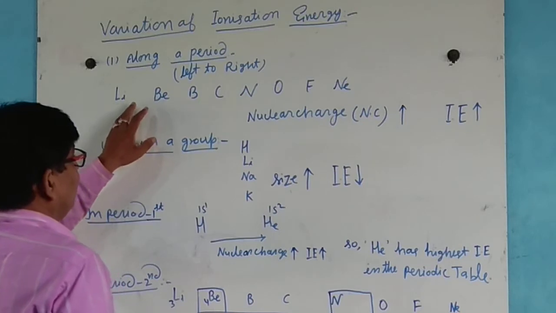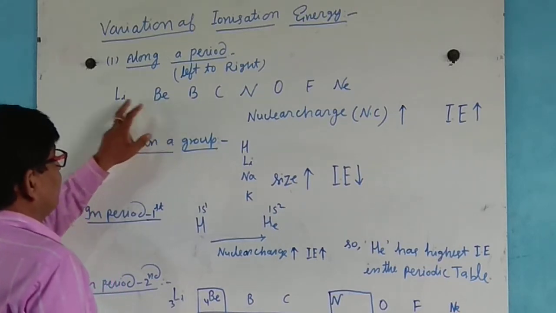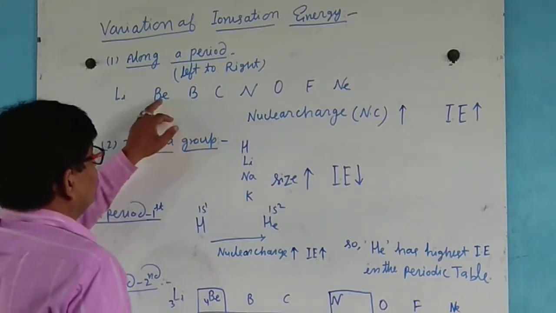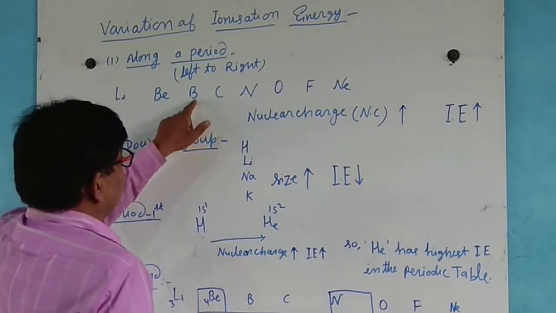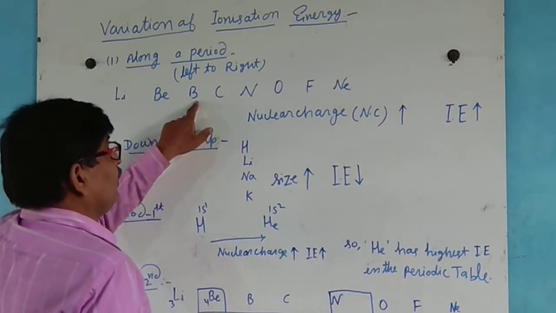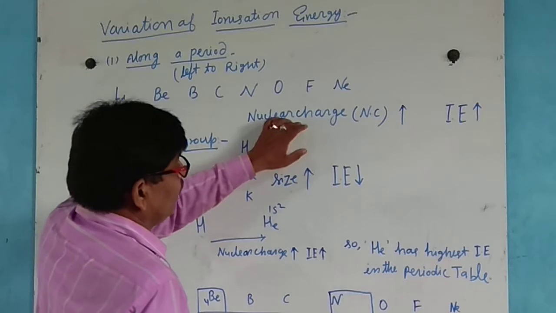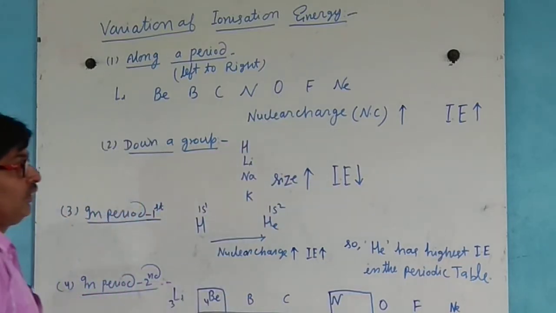In general, the ionization energy of beryllium is greater than lithium, boron is greater than beryllium, carbon is greater than boron, and so on, due to the nuclear charge.